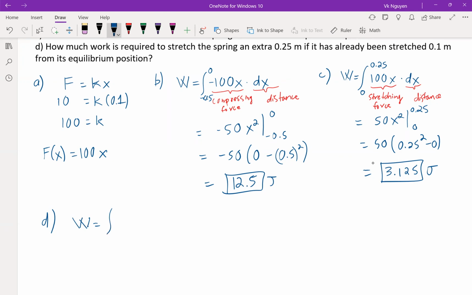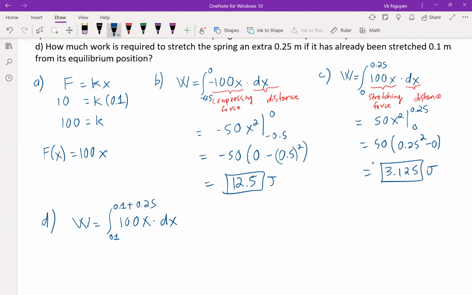Well, force is the same, right? Because we're stretching, it's going to be positive 100x, distance dx. However, x is going to be going from 0.1 to 0.1 plus 0.25.